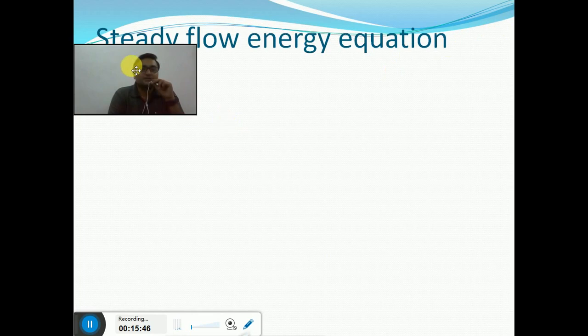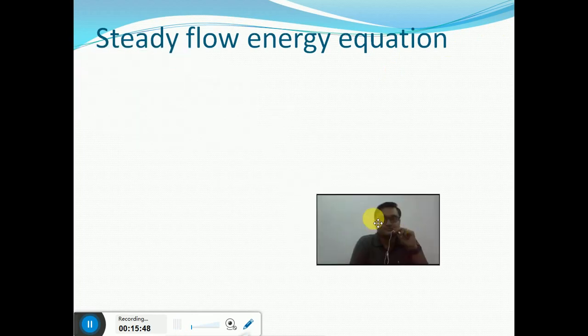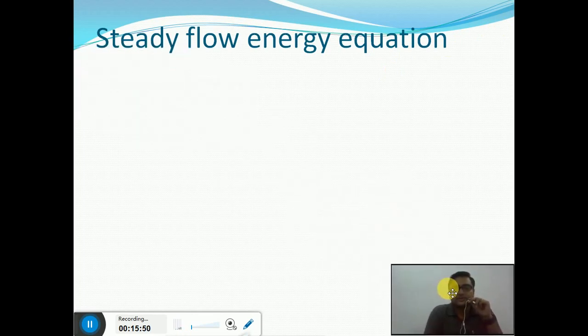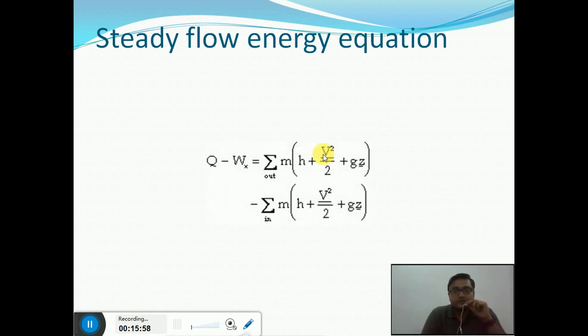Now, steady flow energy equation. In case of the steady flow energy equation, Q minus W is equal to delta E. Instead of delta E, what is written here is out energy minus in energy, which is the summation of internal energy plus flow work, meaning enthalpy, plus kinetic energy plus potential energy.